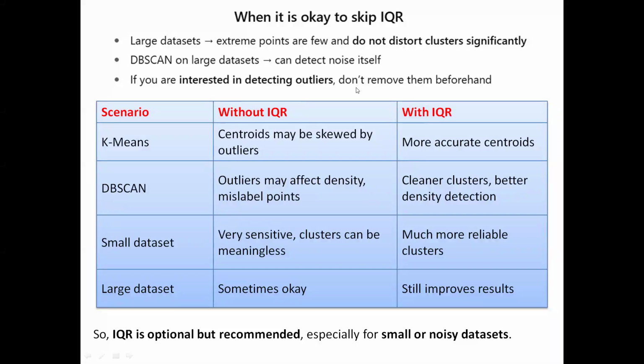In the case of large data sets where extreme points are few, for example 1 million or 1 trillion records, some huge data sets, the algorithm or technique will detect outliers automatically. But in the case of small data sets, it is advisable to implement it.